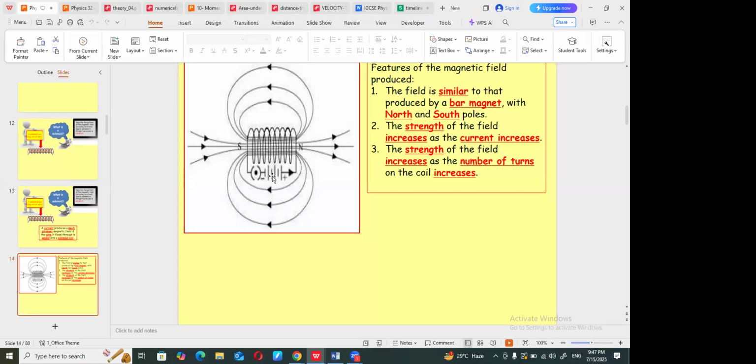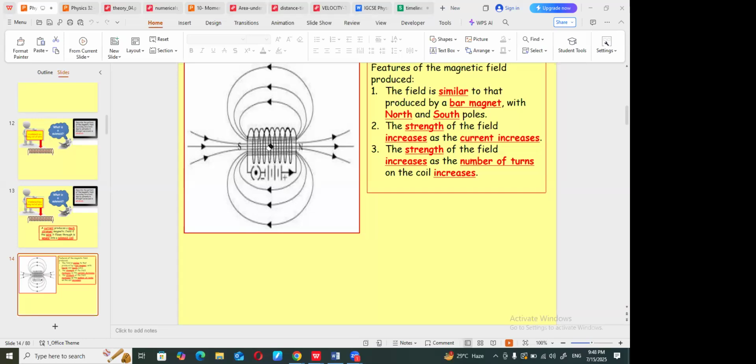Now this is very interesting. If the current is going through this, you need to understand. Now this is important. If you see the current is coming from positive, you're considering like this. This is anti-clockwise movement, right? Anti-clockwise.